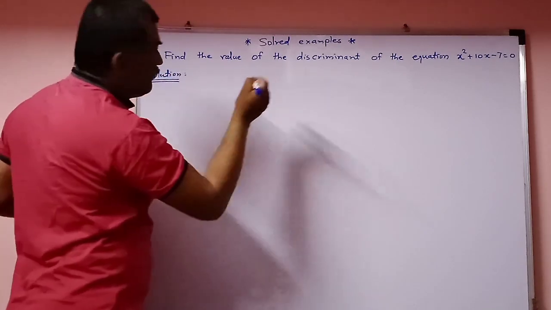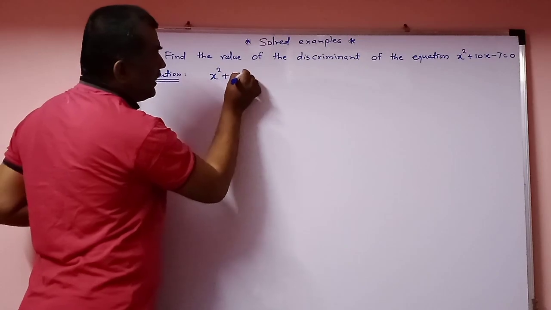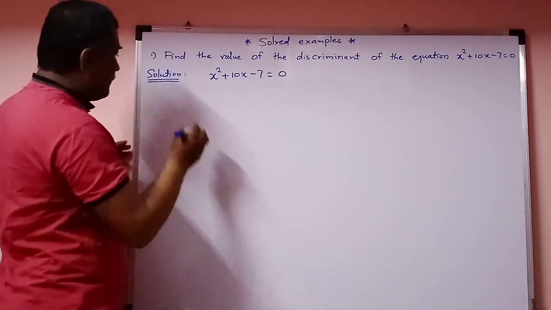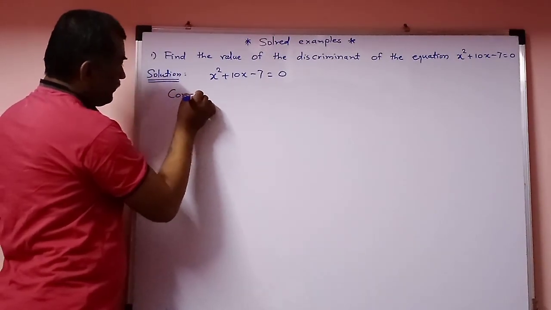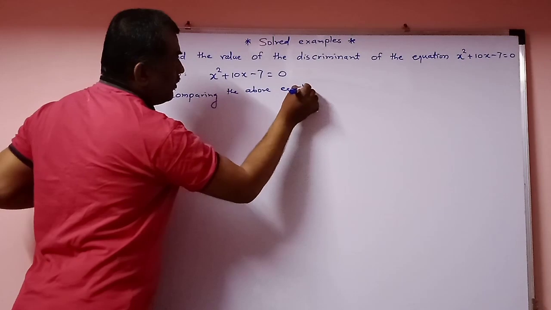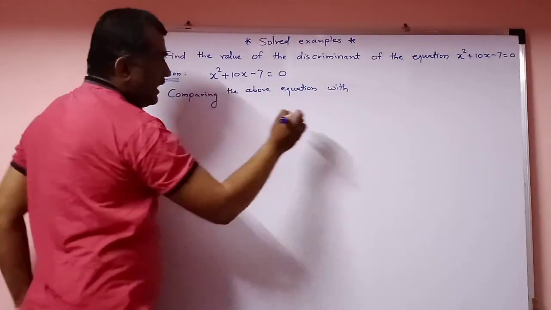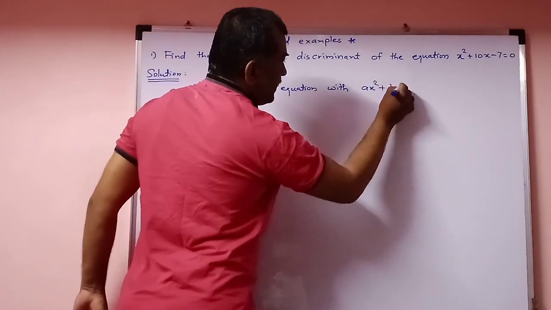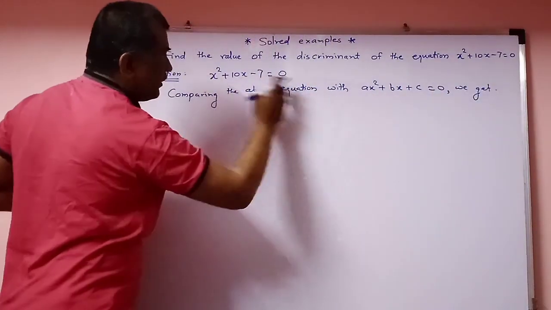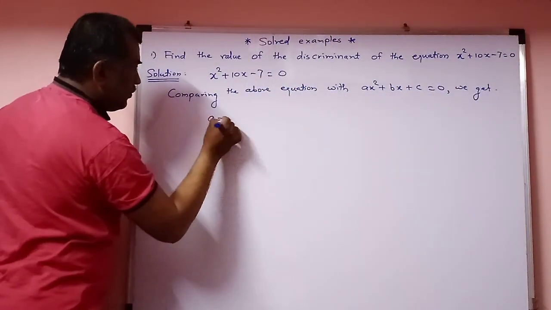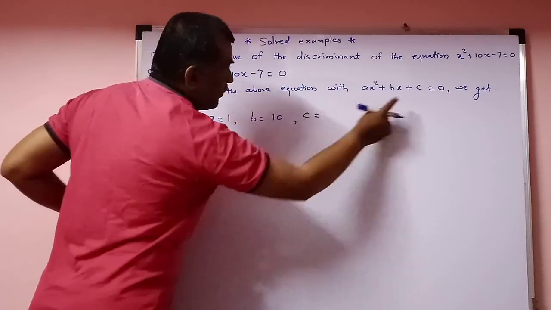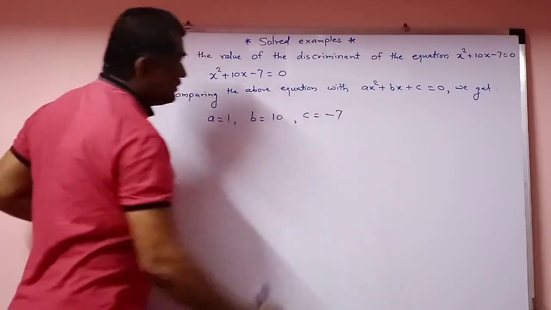First write the given quadratic equation x square plus 10x minus 7 is equal to 0 and comparing this quadratic equation with the general form ax square plus bx plus c is equal to 0, we get, compare करा, a is equal to 1, b is equal to 10 and constant value c is equal to -7.